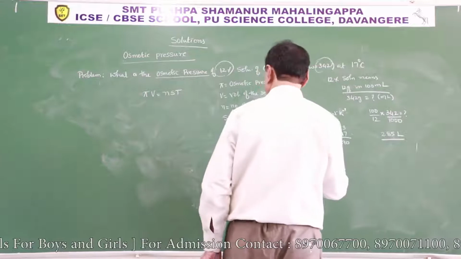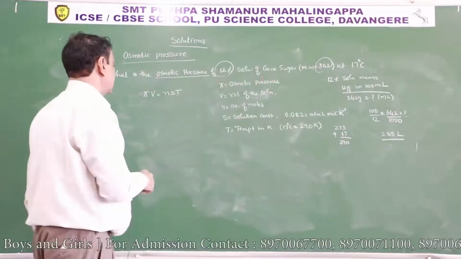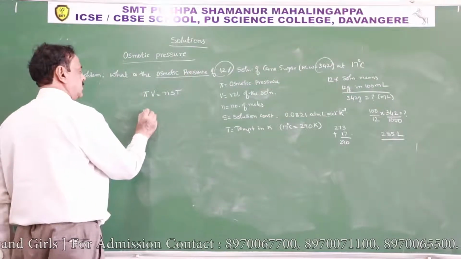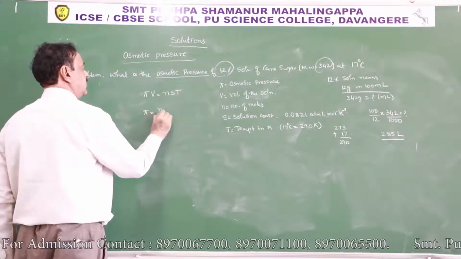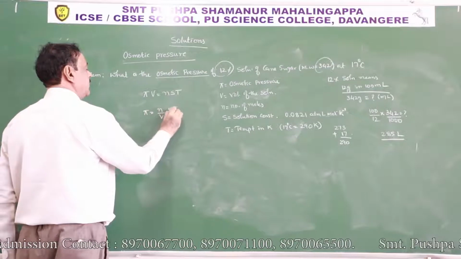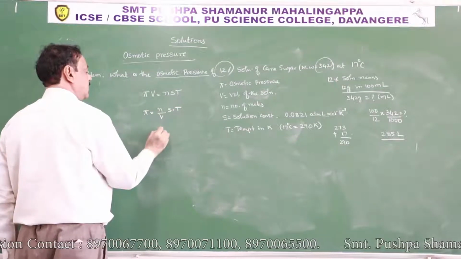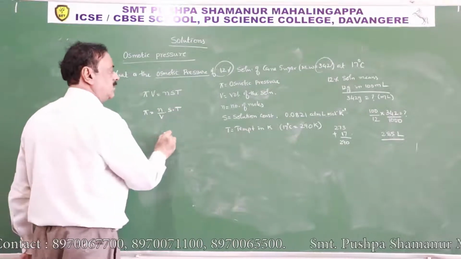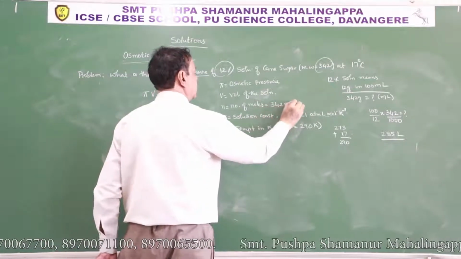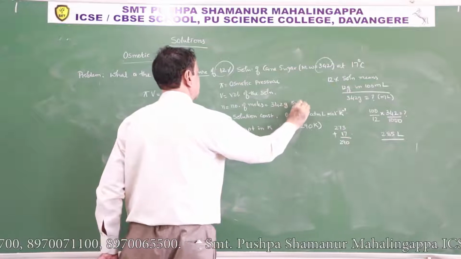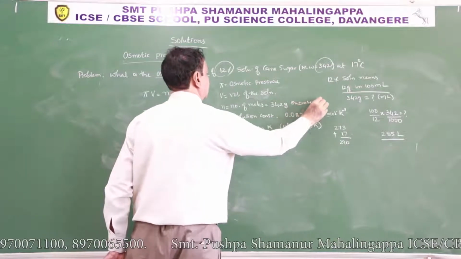Now substitute the value of V here. Therefore pi is equal to n divided by V into S into T. Here n is equal to 1 mole, since 342 gram of sucrose is equal to 1 mole.